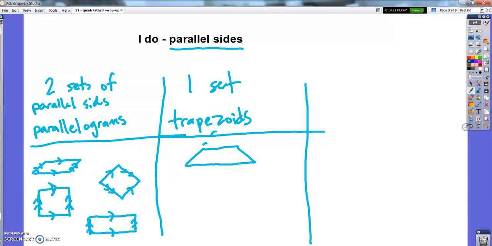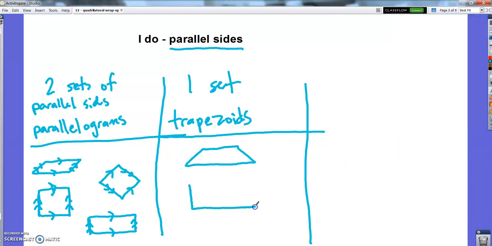But that's a trapezoid. There's also another kind of trapezoid you see a lot called a right trapezoid. It has like a right angle in it. They kind of look like this. And these are trapezoids because they have 1 set of parallel sides, but not 2. 1 set of parallel sides, but not 2.